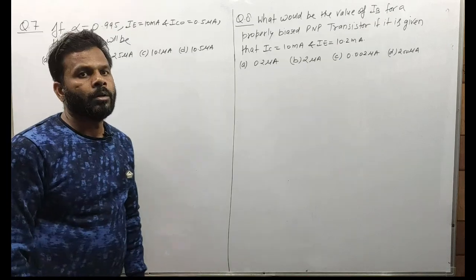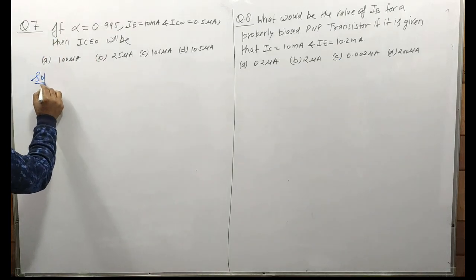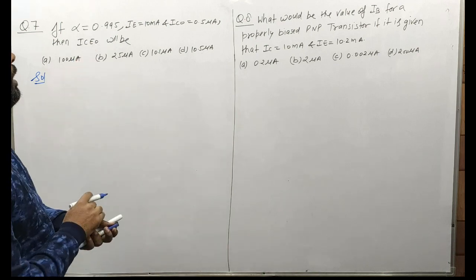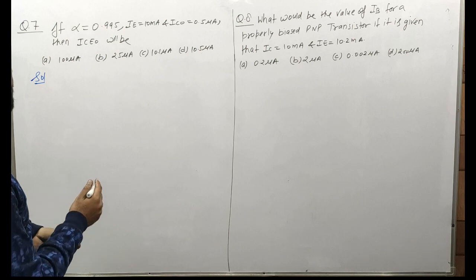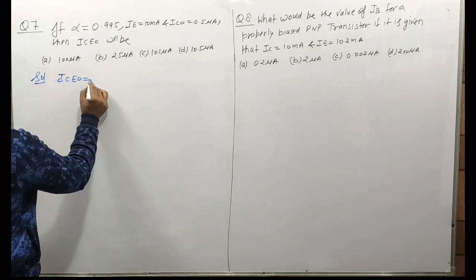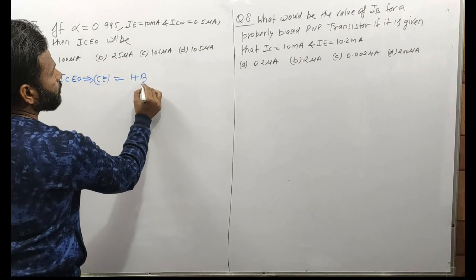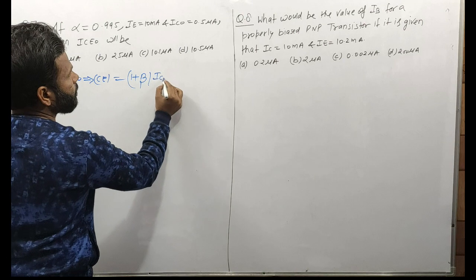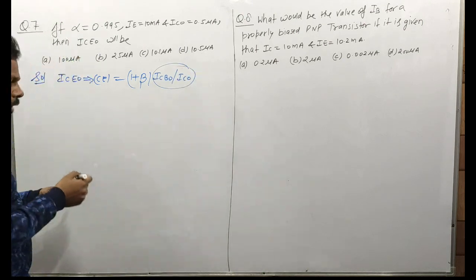नेक्स्ट क्वेश्चन देखते हैं. नाउ 7th और 8th क्वेश्चंस देखते हैं. If alpha is 0.995 and I is 10 milliampere, ICO is this 0.5 microampere, then ICEO will be. So ICEO in common emitter is equals to 1 plus beta times of ICBO, or we can say ICO, either ICBO or ICO. ठीक है?